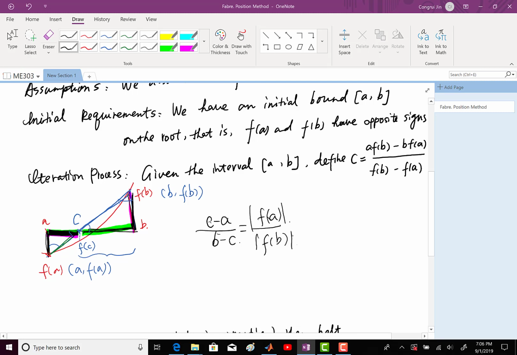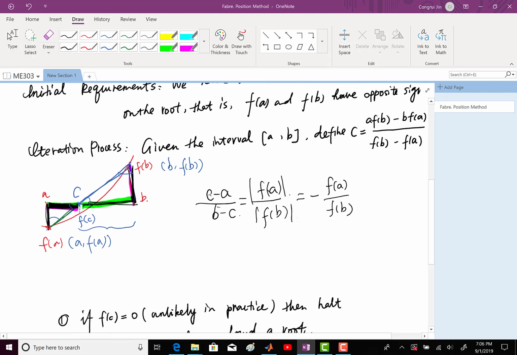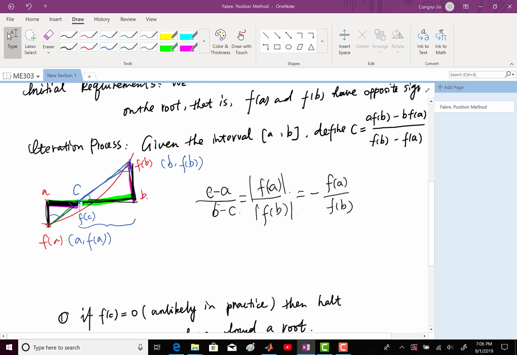Because f(a) and f(b) have opposite signs, one of them must be negative. The ratio of lengths should be positive, so actually this should be negative f(a) over f(b), because we want a positive value for the ratio of the two lengths.